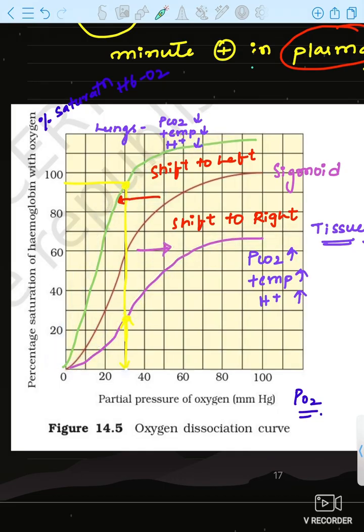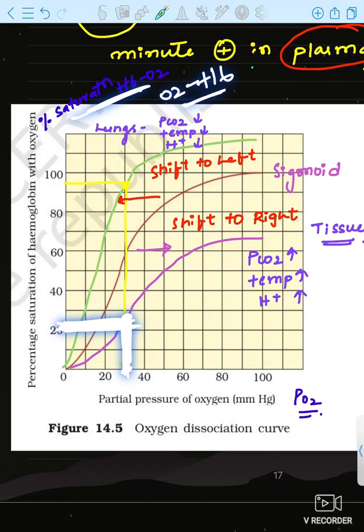See, for example, if we take this point of the curve, less oxygen is there. What percent of O2 saturation is there? Very less, no. For the same amount of oxygen, there is less saturation of oxygen in the hemoglobin.